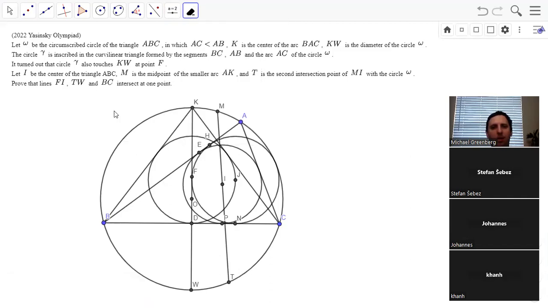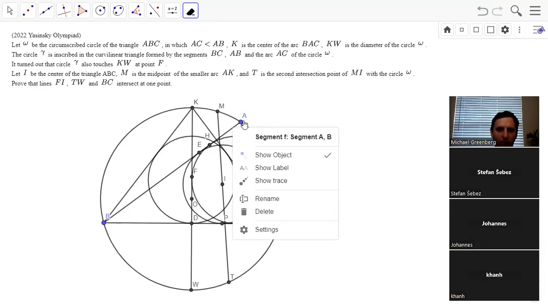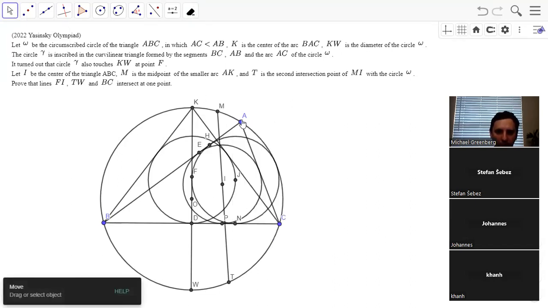If you can prove that KM and FI are parallel, then I think it's done. So let me redraw the point. Let's see.